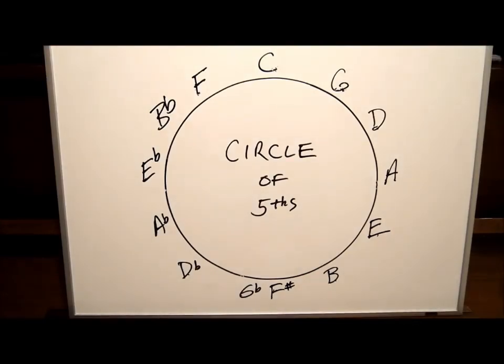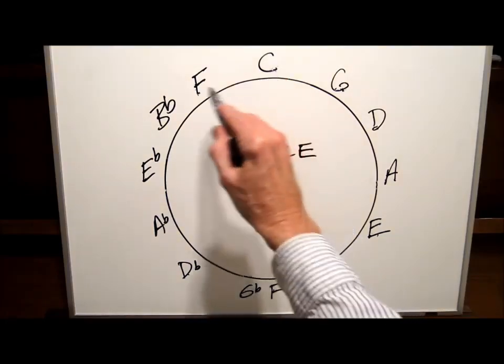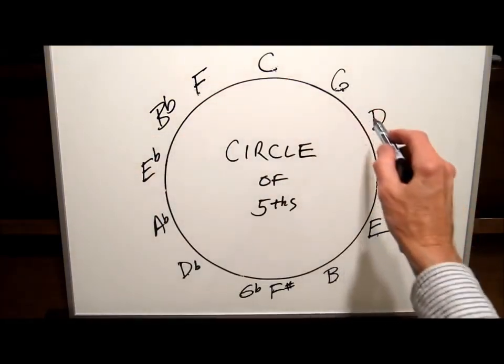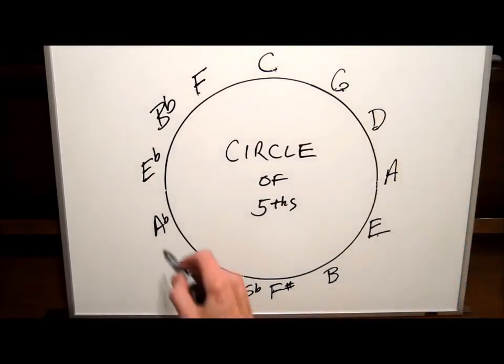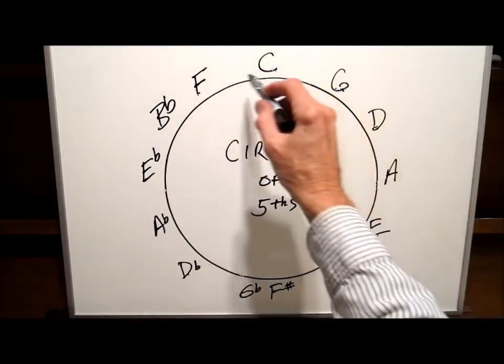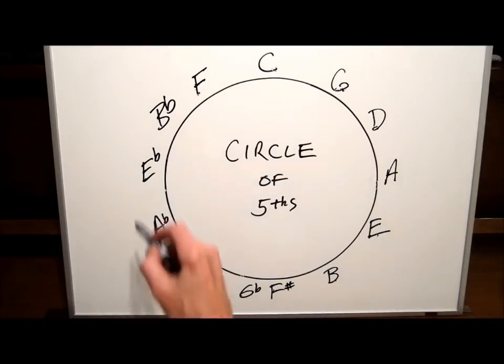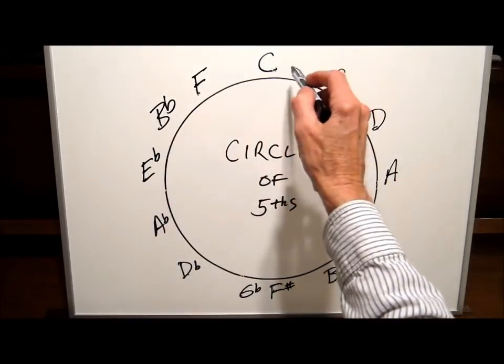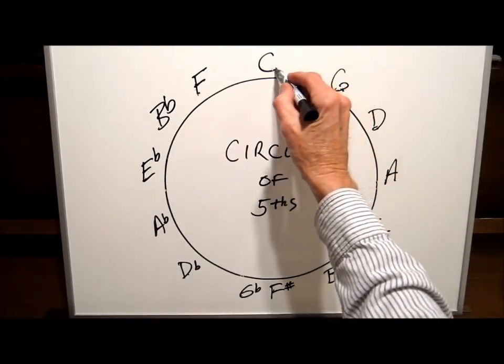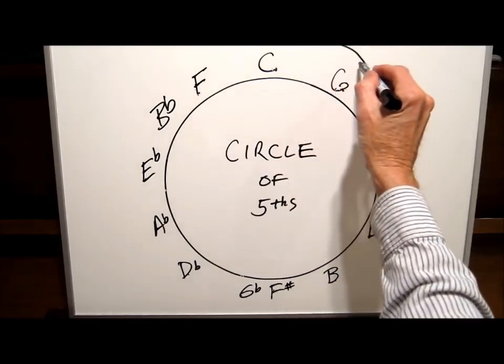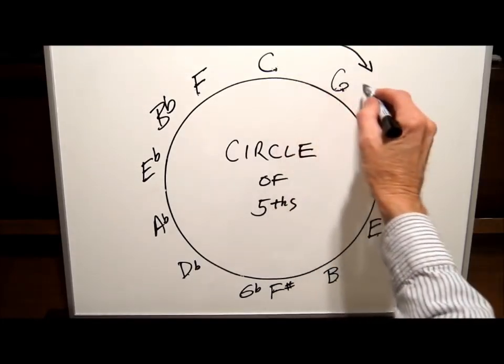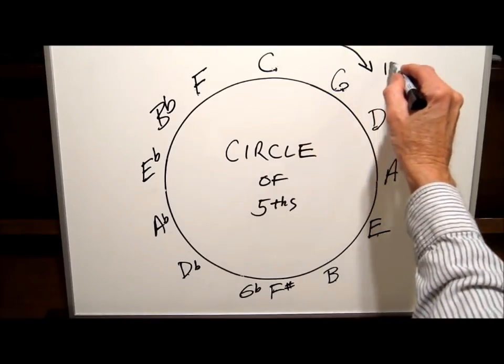But the other thing to understand is, if we look at these as keys, the 12 keys of the scale, we can look at these as the 12 tones of the chromatic scale. We can look at these as the 12 keys that exist within the system of the perfect number of 12. What we have here is moving in this direction, which is clockwise. We're moving in the direction of the sharp keys.